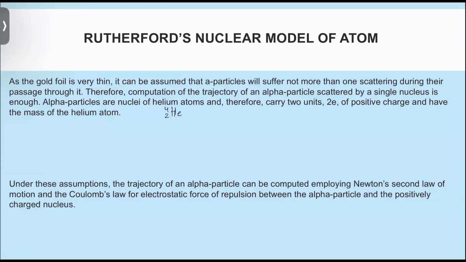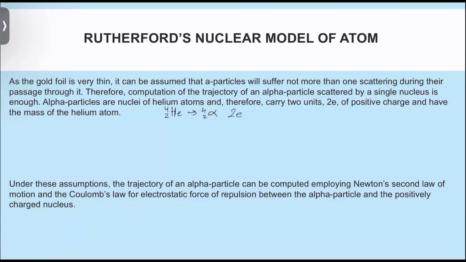That is why the mass number is 4. Suppose this is what we are considering as the alpha particle. So He4 is actually alpha. We are using a beam of alpha particles.